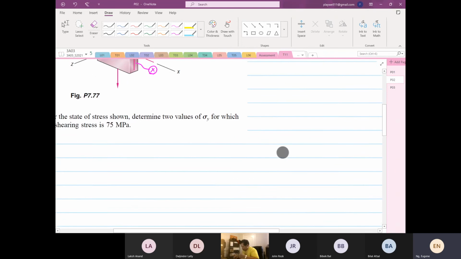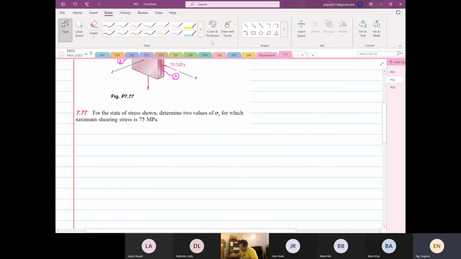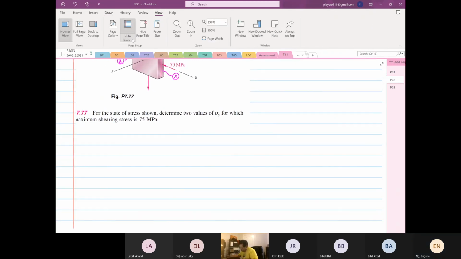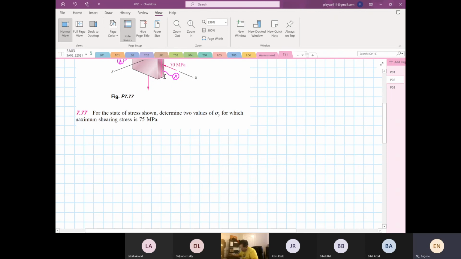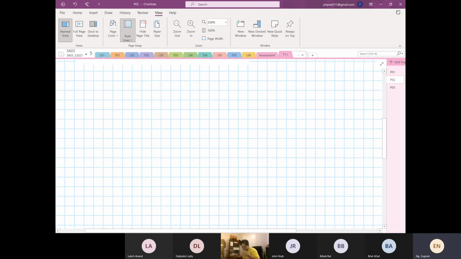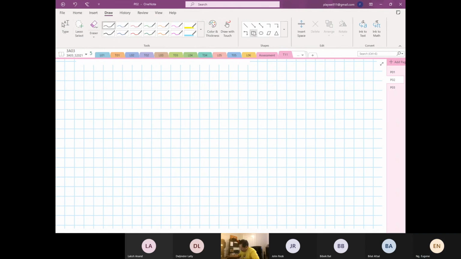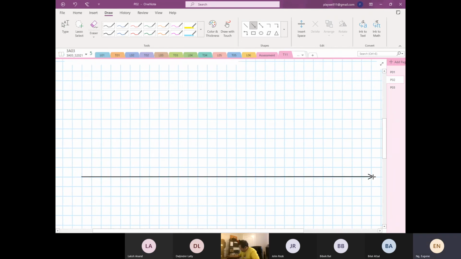Right. So I'm going to go into the graph paper mode. We are going to construct a Mohr circle. I'm going to draw the entire range, so it'll be a bit laborious.